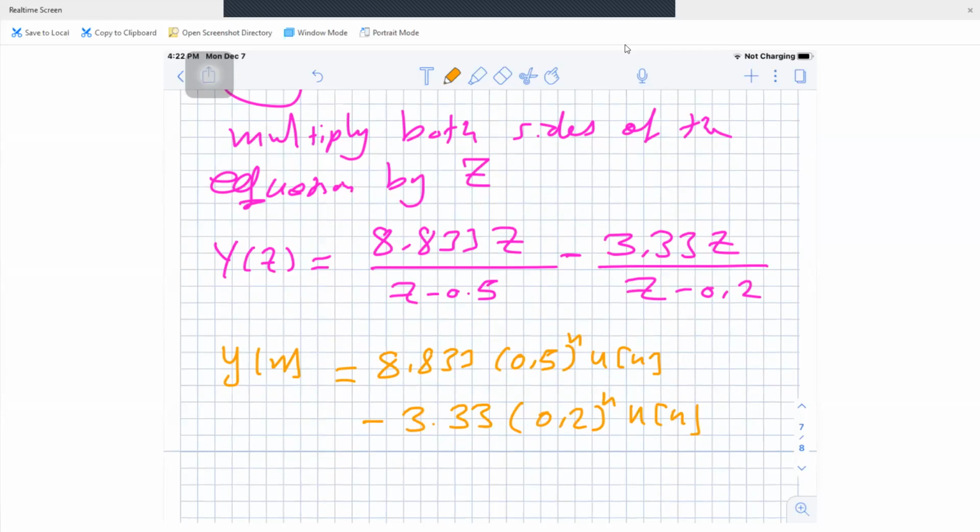Now, do you have any question about the steps for the solution of this example or not?